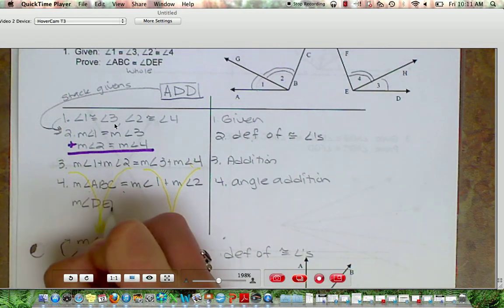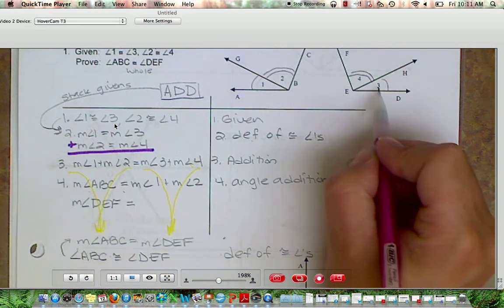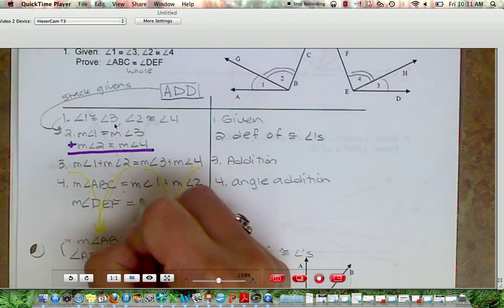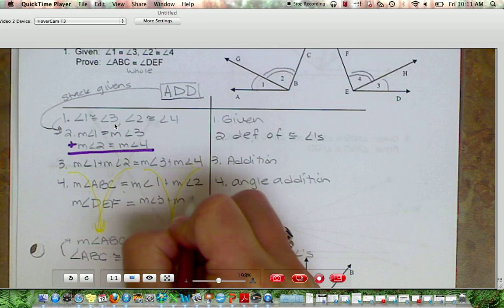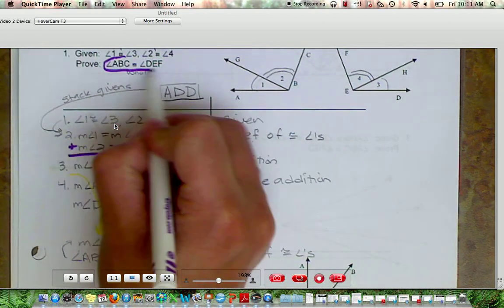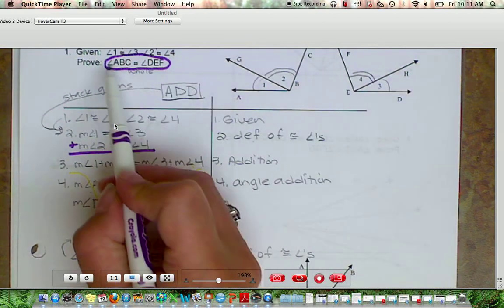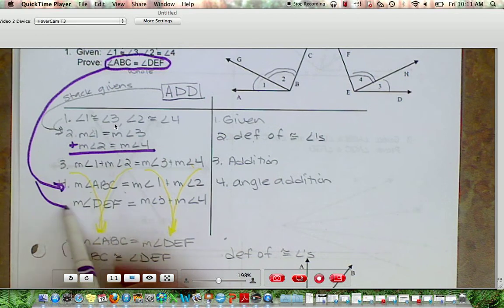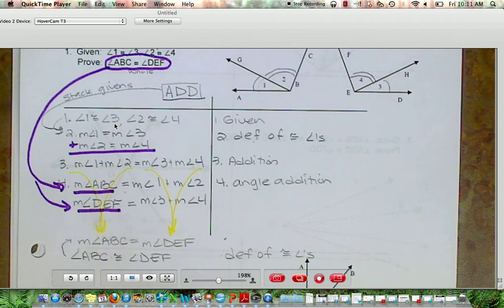Measure of angle DEF equals the measure of angle 3 plus the measure of angle 4. All right, now, the other thing too is that if you've labeled your wholes up here in the given and the proof, then those will always become the two wholes that you're breaking down. So that is a helpful guide as well.